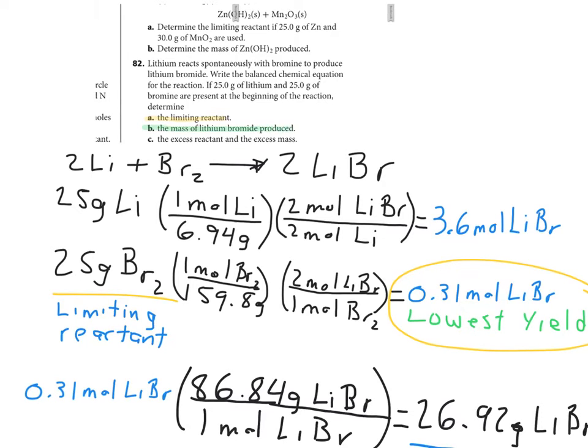So now we're going to continue with the excess reactant and the excess mass. Remember that in class I told you that we can also start with the same amount of moles. First we have to identify the excess reactant, and that's the lithium, because the other one is the limiting reactant.